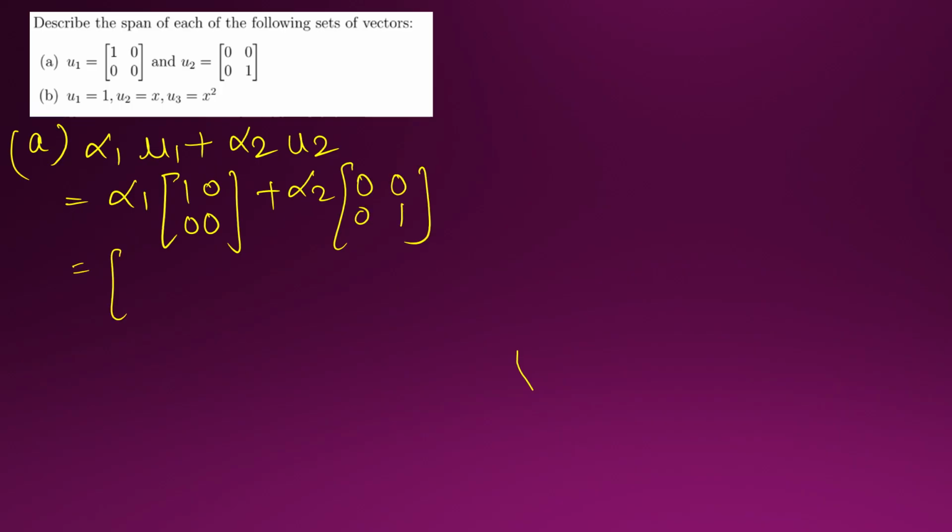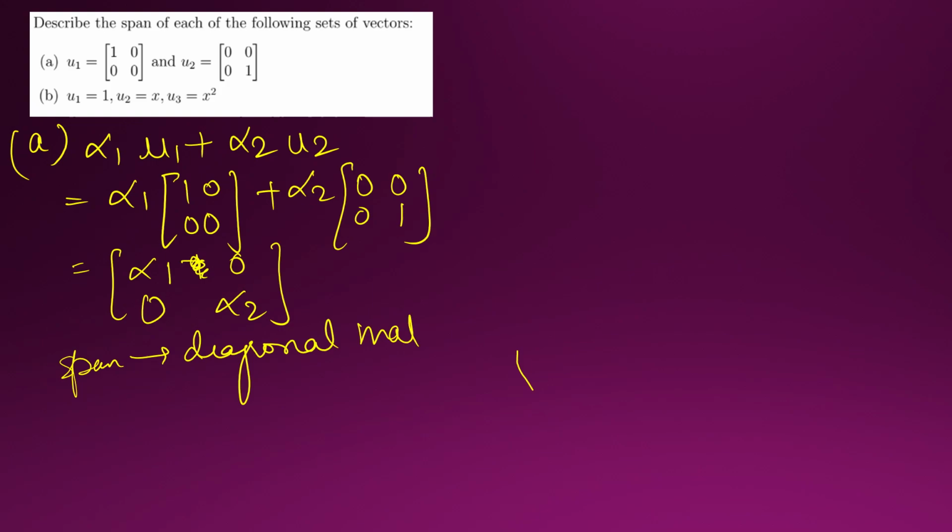So this we can write as alpha 1, 0, 0, alpha 2. So these are diagonal matrices, so the span is basically showing diagonal matrices where alpha 1 and alpha 2 belong to R.